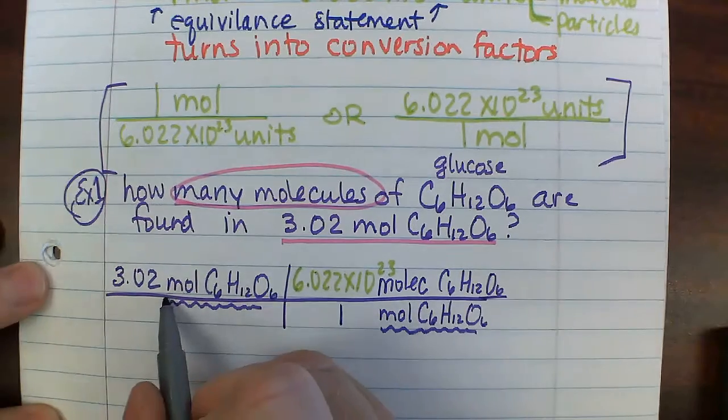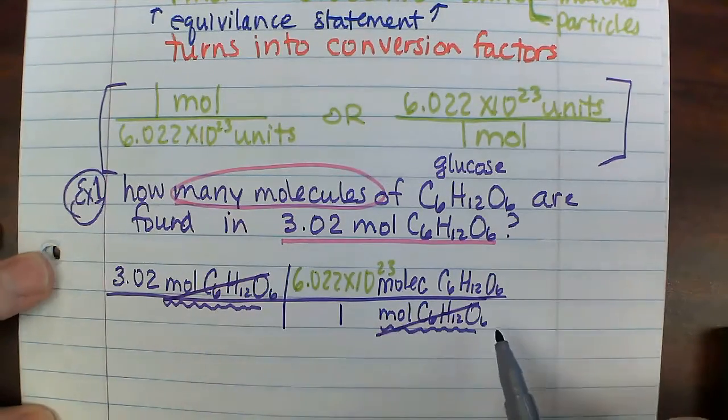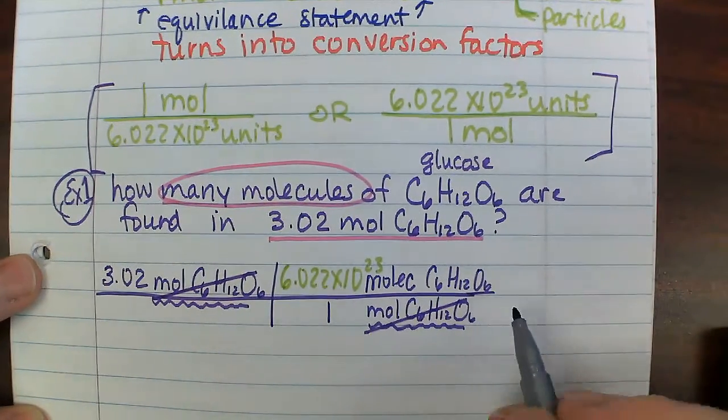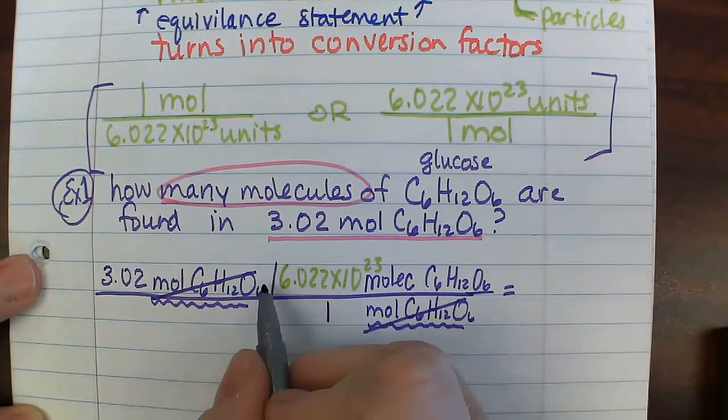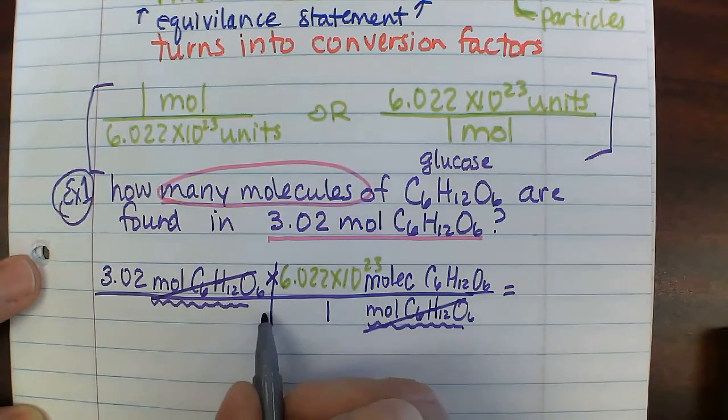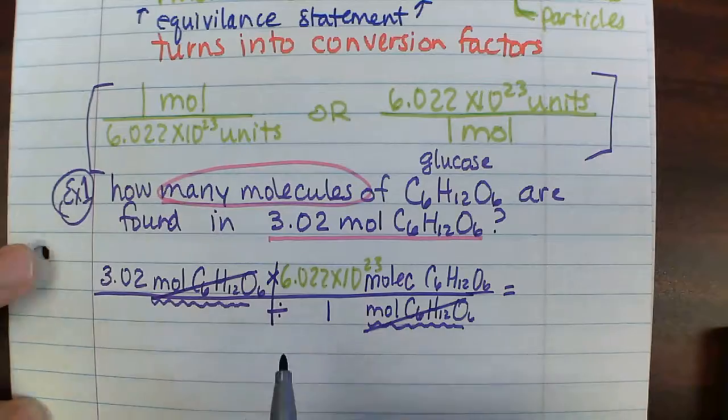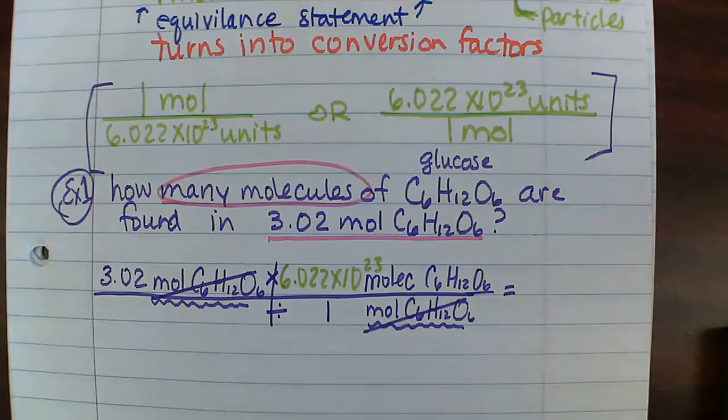Okay, this label crosses out with that label, and now I just need to do the math. This is on the top, so I multiply. And then technically, I'm supposed to divide by what's on the bottom. But because what's on the bottom is a 1, we're going to skip that.